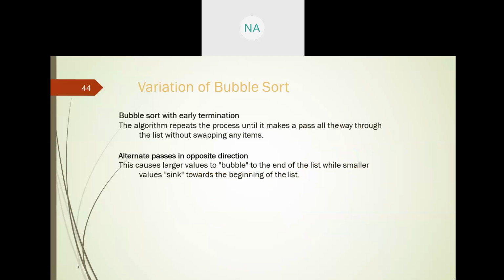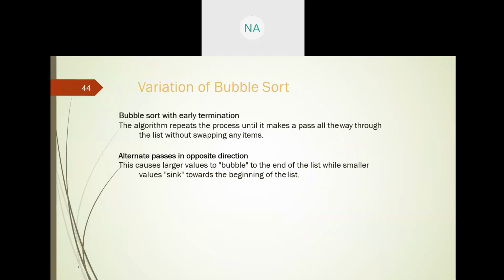In other words, in big O notation the complexity remains order of n square, but the running time of the variation of bubble sort is smaller than that of the standard bubble sort. The actual number of comparisons is smaller, but the order of complexity remains order of n square.